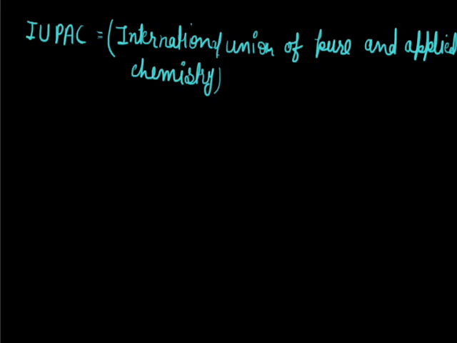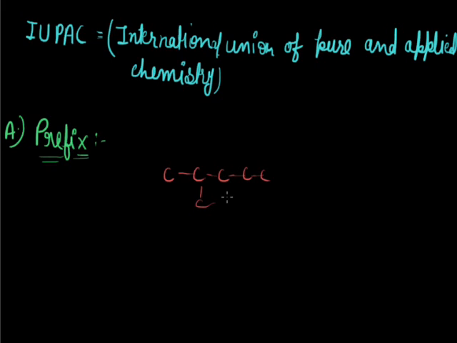So firstly, if you talk about prefix. When we use IUPAC system, then firstly we have to choose long carbon chain. Suppose we have an organic compound, then firstly we have to choose long chain. Long carbon chain means carbon chain which contains more number of carbon atoms.